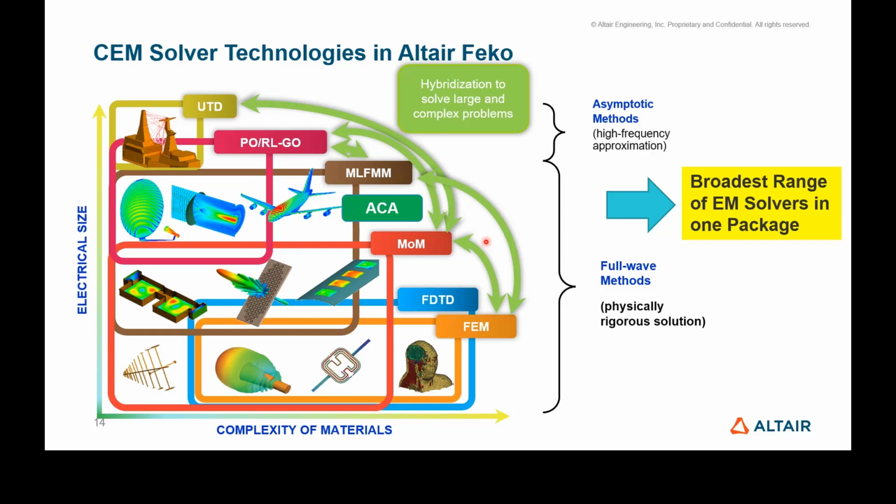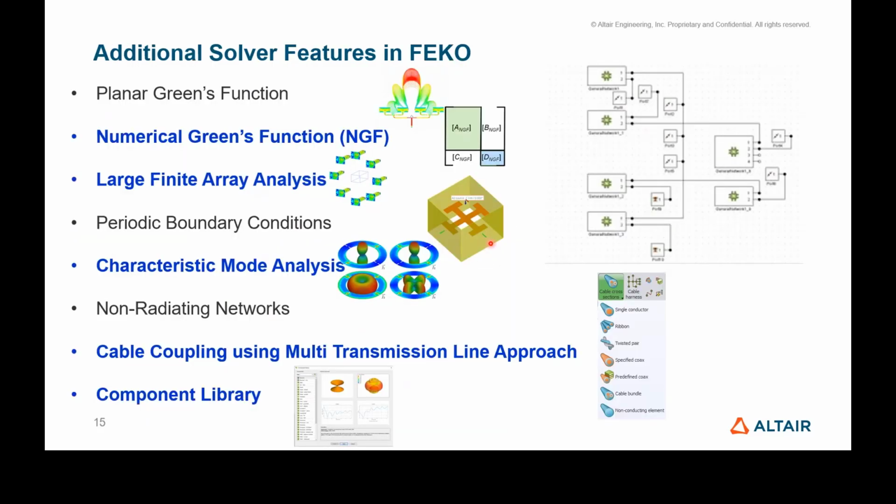In addition to this, we have various utilities, like for example, planar Green's function. This is where you can do 2.5D problems, a numerical Green's function, large finite array analysis, which we'll talk about a little bit later on, periodic boundary conditions for frequency selective surface and infinite array analysis, characteristic mode analysis, which again we touch upon later on, and non-radiating networks.